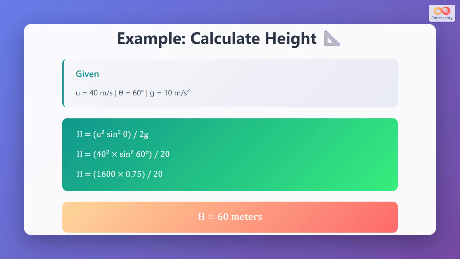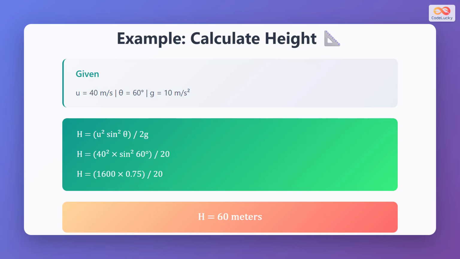Now let's calculate the maximum height of a projectile. Suppose we launch a projectile with an initial velocity of 40 meters per second at an angle of 60 degrees, with gravity equal to 10 meters per second squared. We use the maximum height formula. H equals U squared sine squared theta divided by 2g.